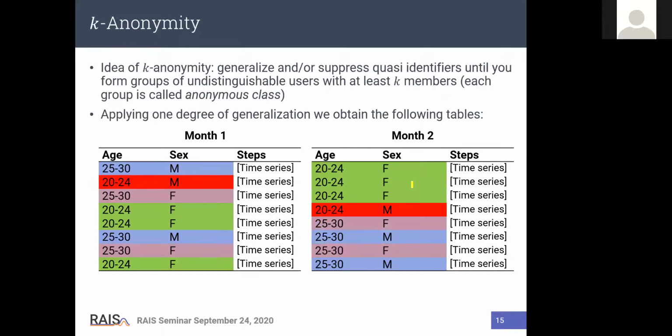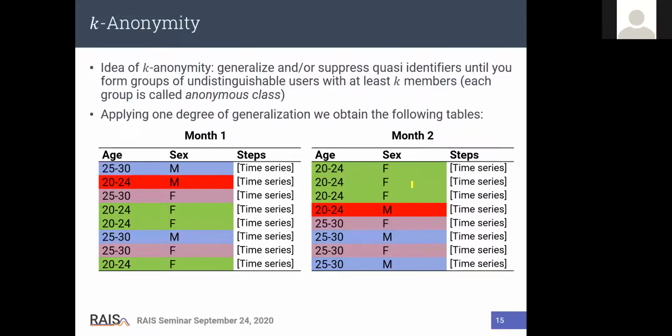This is exactly the idea behind k-anonymity. We basically generalize or suppress the quasi-identifiers until for each possible entry, we have at least k users that have those exact values of the quasi-identifiers, like same values of age, same value of sex, and if we have other attributes, same values of the other attributes.